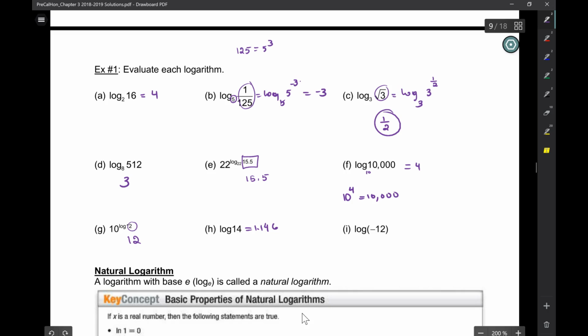Okay, what is the base of the next one? It's a 10. So now you're looking for an exponent of 10 which would give you negative 12. Why isn't it possible? The exponent can never make the value negative. Think about it. 2 to the power of a positive number is a large number. 2 to the power of 0 is 1. 2 to the power of like minus 5 does not become negative.